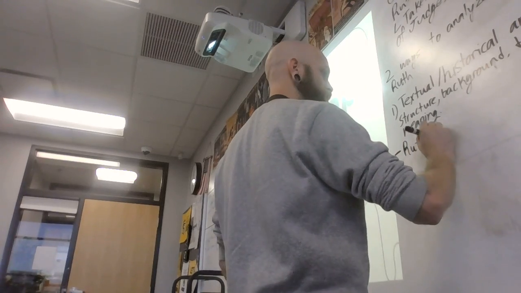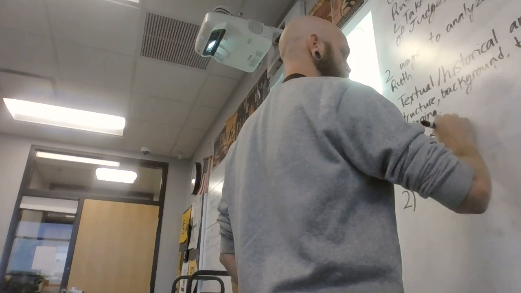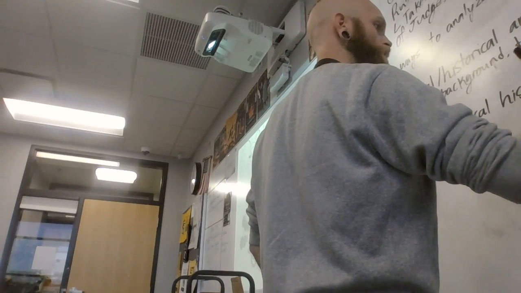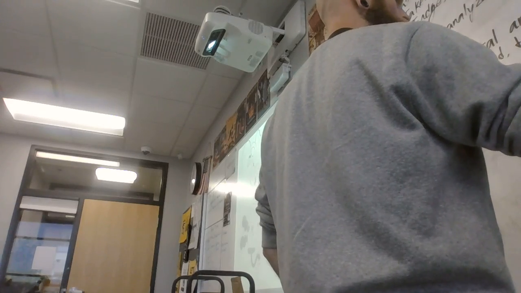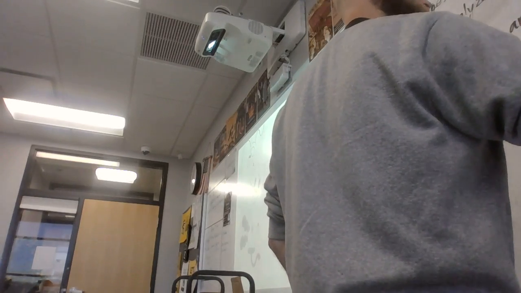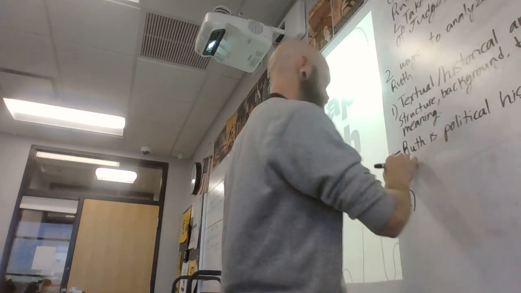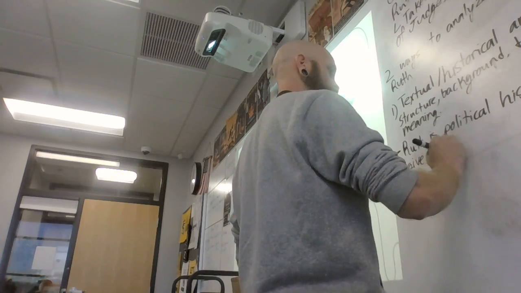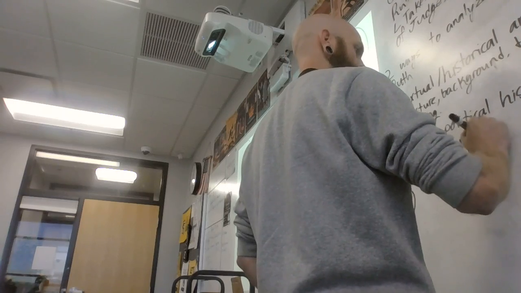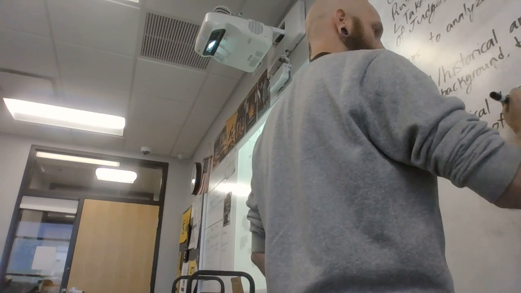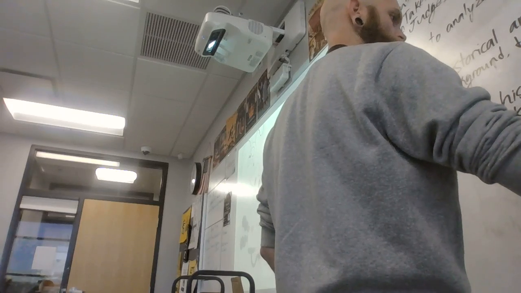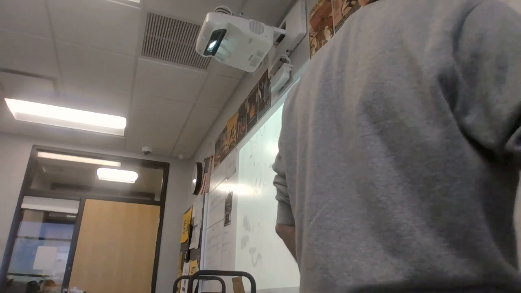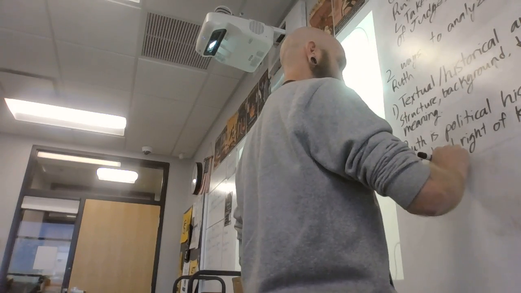According to this way of reading it, Ruth is political history or folklore meant to give legal right of kingship to David as a Moabite. I'll explain all of this in a moment, so keep your notes ready.